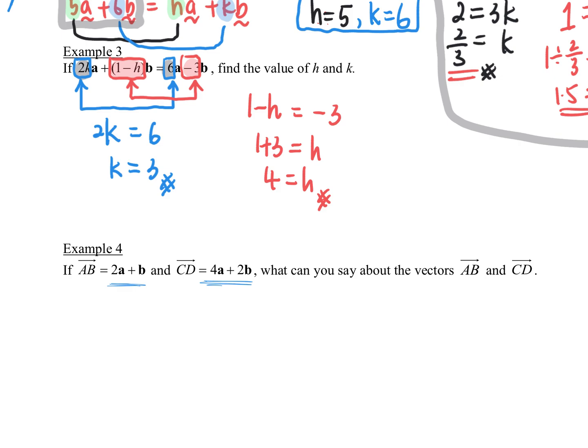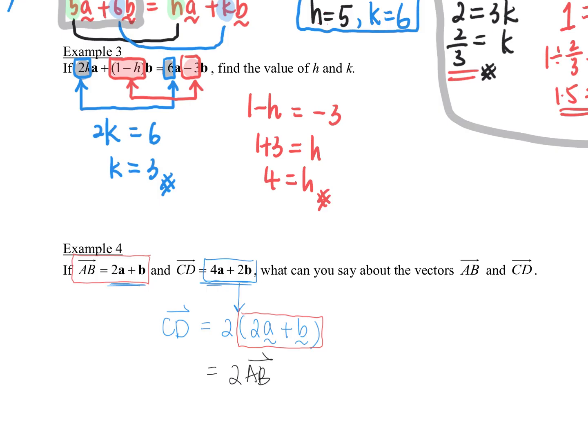Yes, right? So for CD, I realize I can take out the common factor 2. And then this is actually my AB. So what I've realized is actually CD is 2 times of AB.